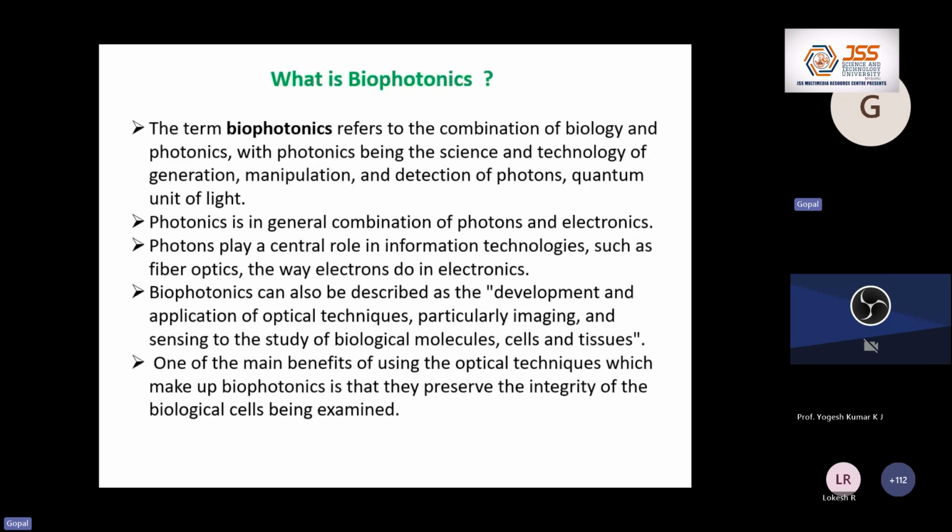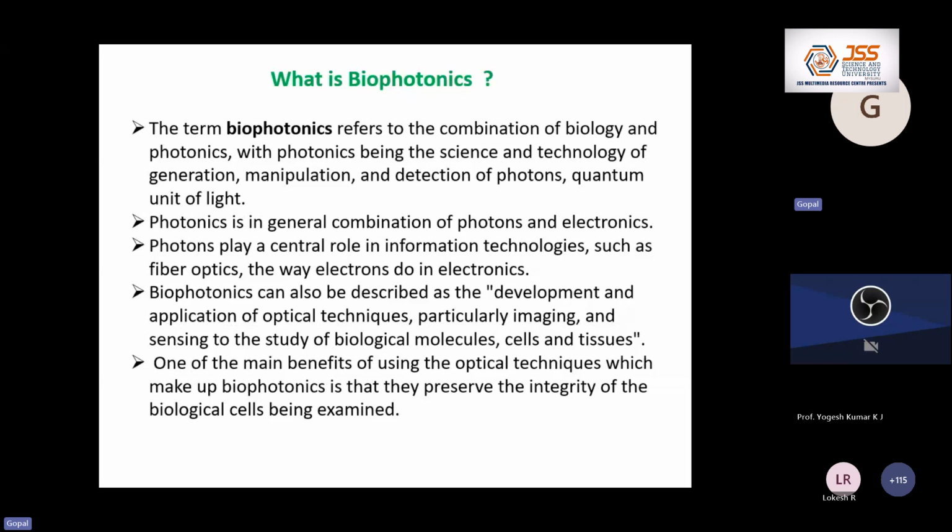One of the main benefits of optical techniques in biophotonics is that they preserve the integrity of the biological cells being examined. That means it is all non-invasive. A lot of nanomaterials used in biology or medicine go with photonics for detection, sensing, imaging or further processing.